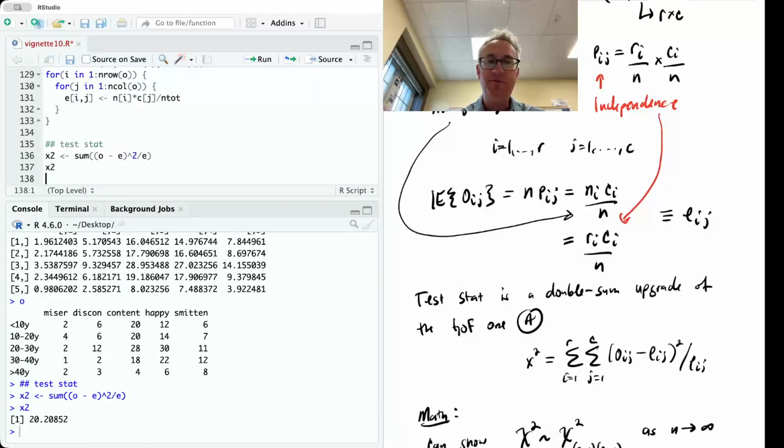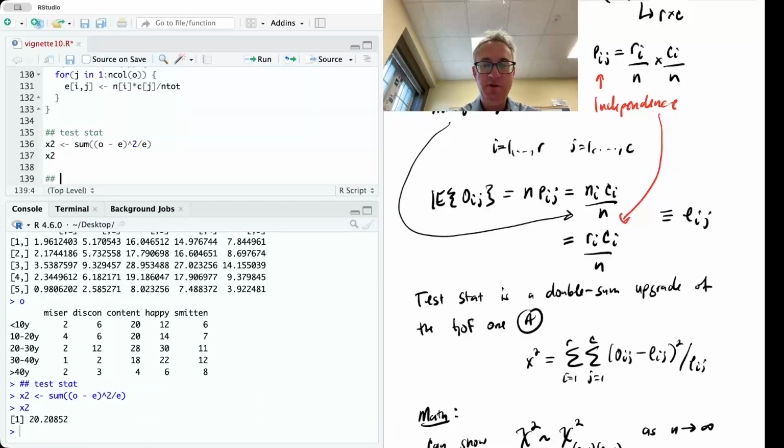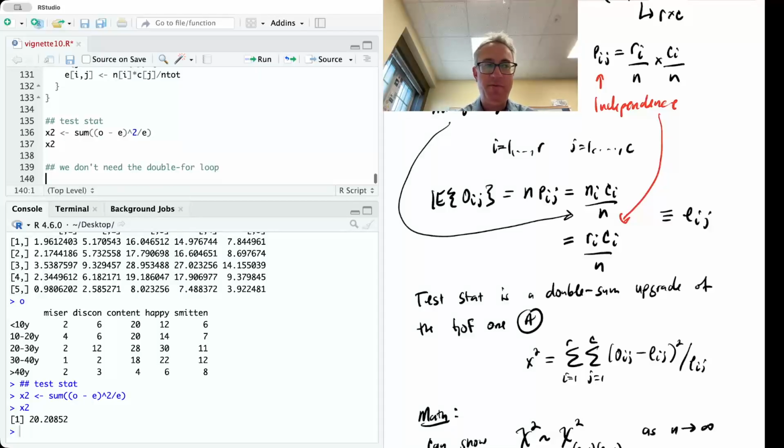One other thing before we go to simulation: we don't need the double for loop from above, because you can get the same thing if you do what's called an outer product. This is like a really fancy thing that you can do if you want to impress your friends. So EFAST is outer of n and C, over n tot.